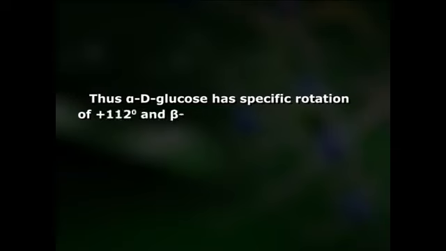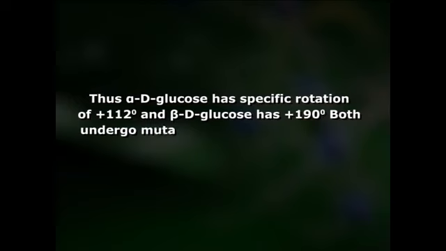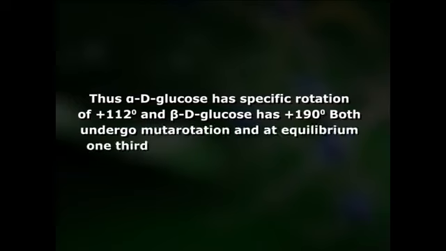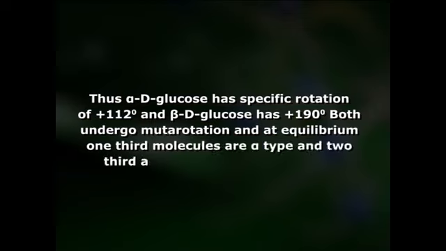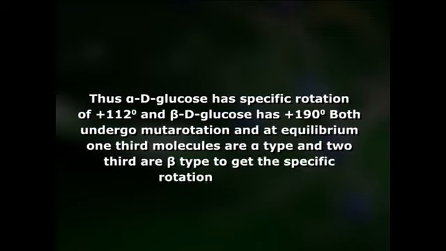Thus, alpha D-glucose has a specific rotation of plus 112 degrees and beta D-glucose has plus 19 degrees. Both undergo mutarotation, and at equilibrium, 1/3 of the molecules are alpha type and 2/3 are beta type, giving the specific rotation of plus 52.5 degrees.